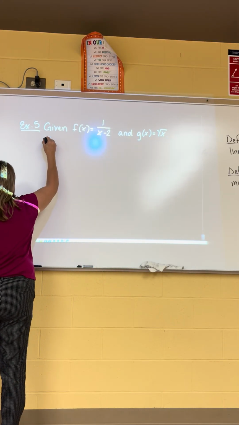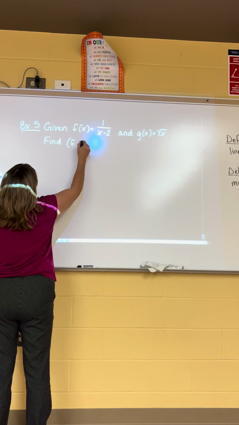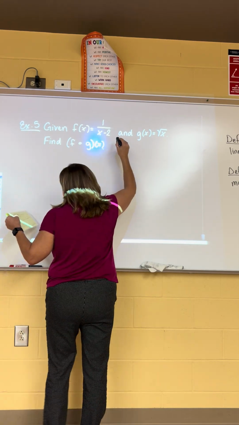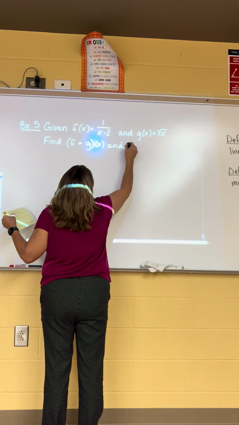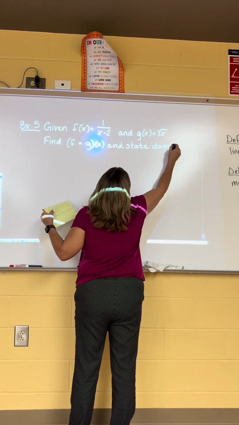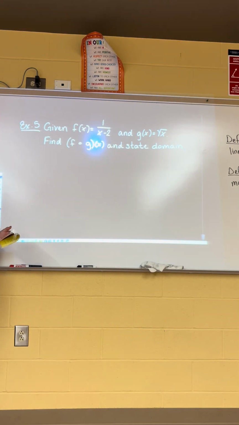Find f of g of x and state the domain. So I'm going to let you work on this one for a minute by yourself, and then we'll do it together.